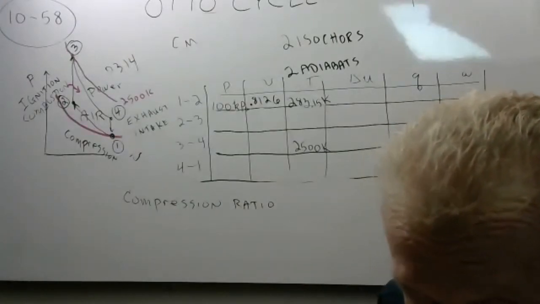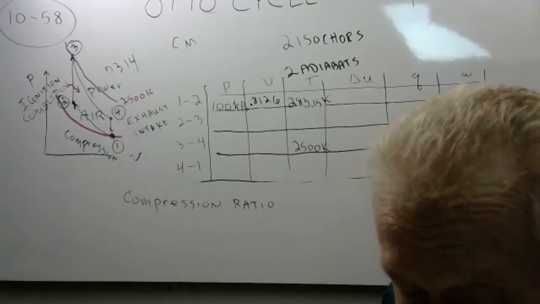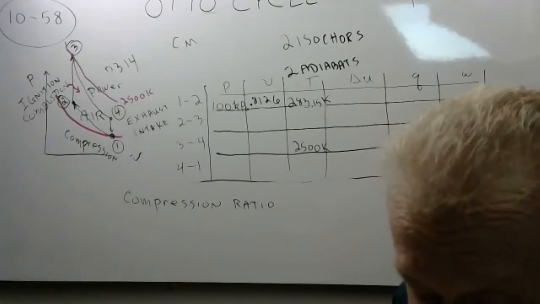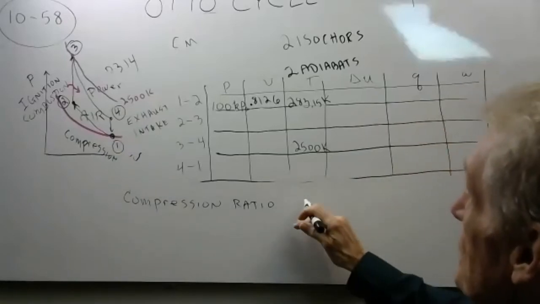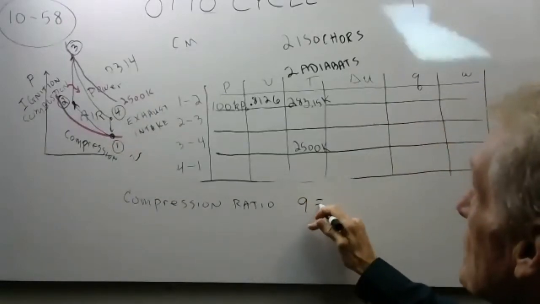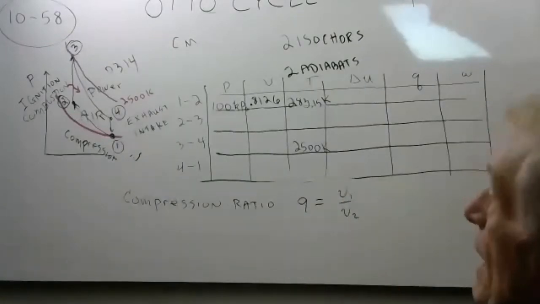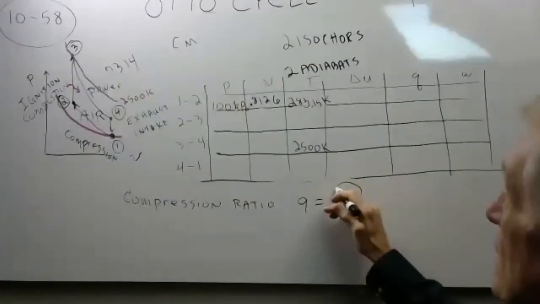Anybody remember what it was? It was 9, wasn't it? Yeah, the compression ratio is 9. Now what that means is little v1 over little v2 is 9. Well, we know little v1, we just figured it out.